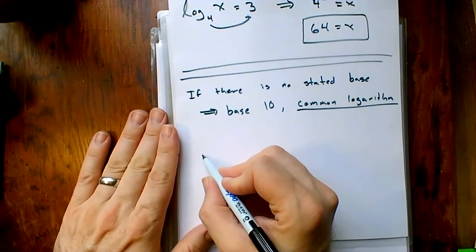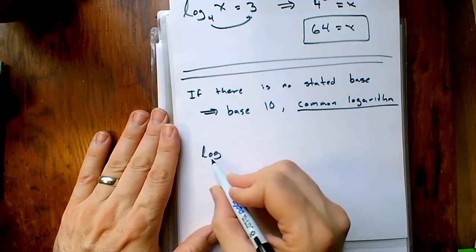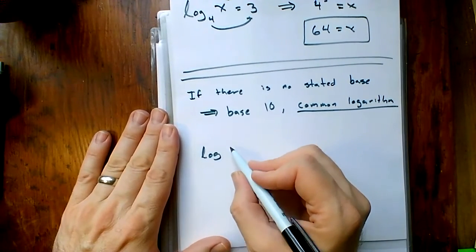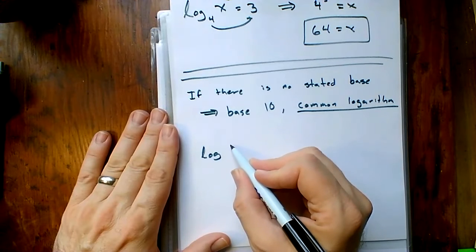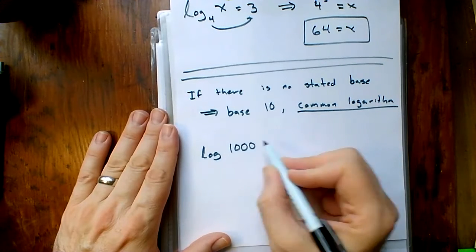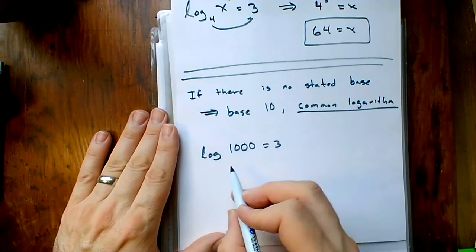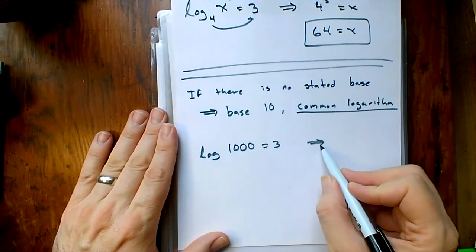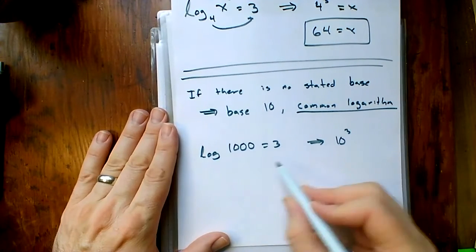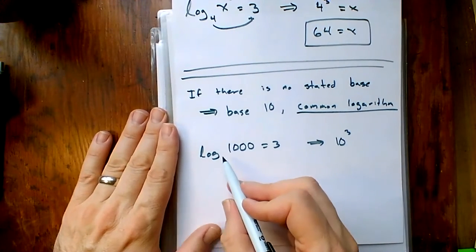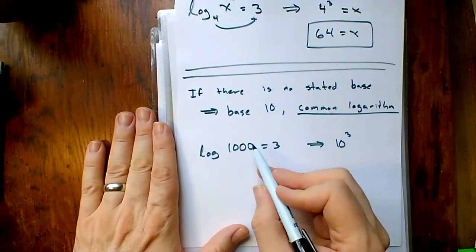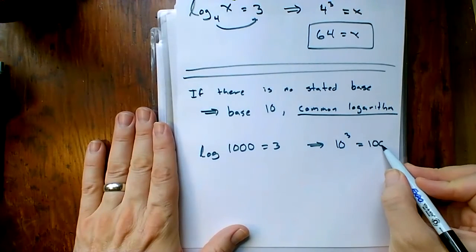So say I've got log, I'm not going to state a base here, and I'll do log of 1,000. And this would equal 3 because 10 to the third power, no stated base means I'm going to assume that there's a 10 there. 10 to the third is equal to 1,000.